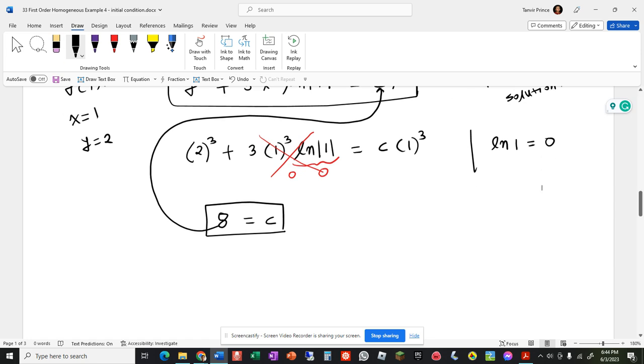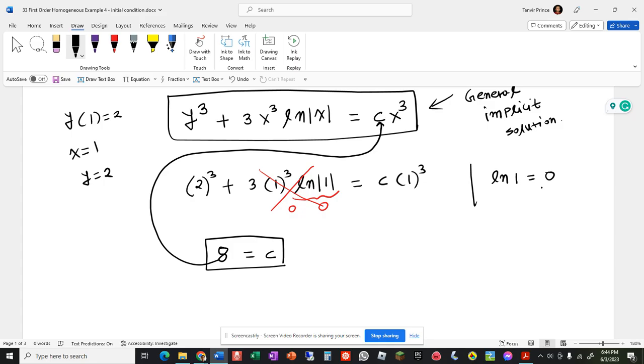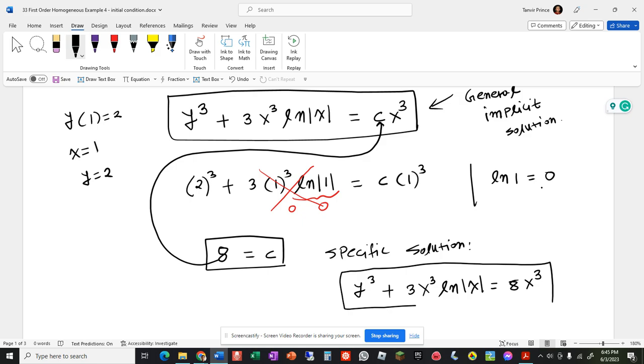So the specific implicit solution is y cube plus 3x cube ln x equal to 8x cube. And that will be our final solution, the specific implicit solution.